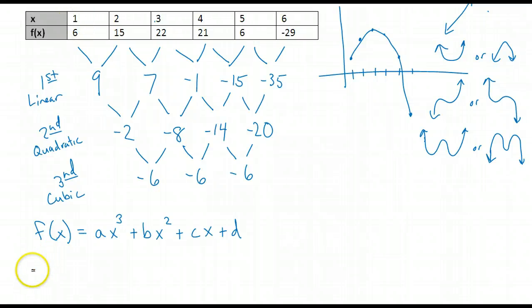I know that when x is 1, f of x is 6. So if I plug in 1 for x, my output, my f of x, is going to be 6. f of 1 is 6.